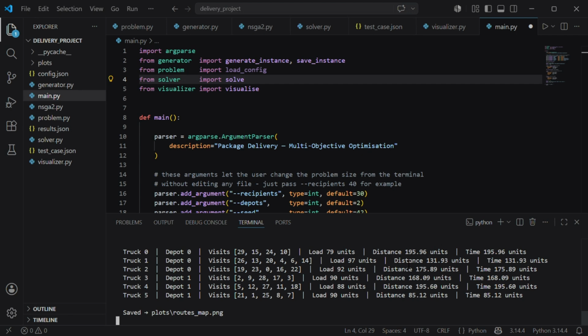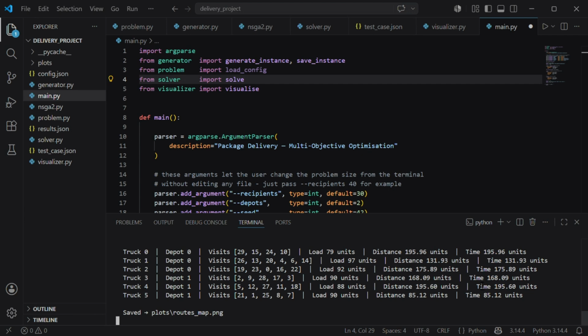All 30 customers are served, and no truck went over the 100 unit capacity.